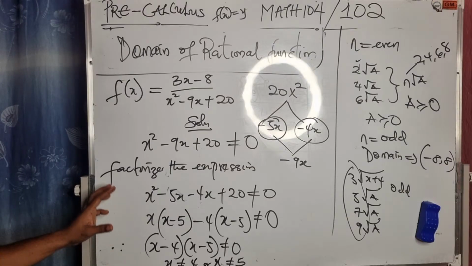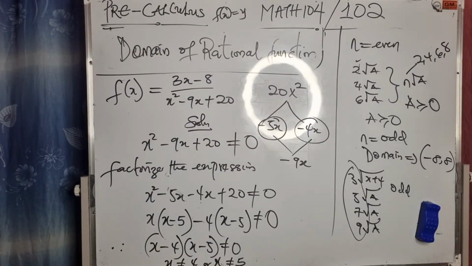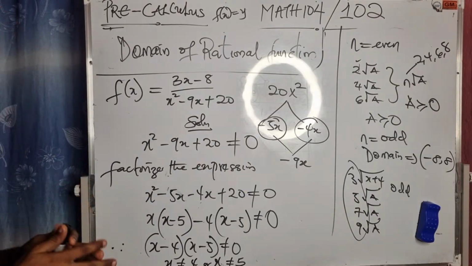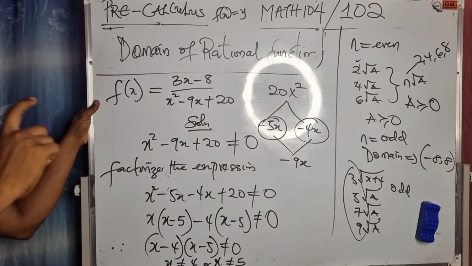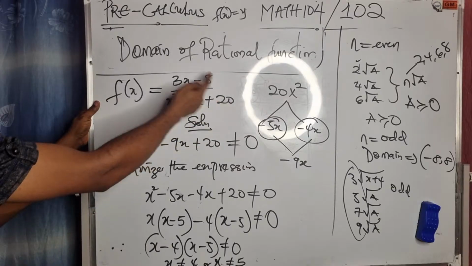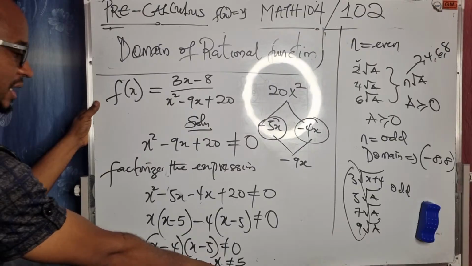The domain of this value are all values of s apart from 4 and what? And 5. The permissible values of s that can define f of s, this function, include all real numbers, right? Except 4 and what? 5.